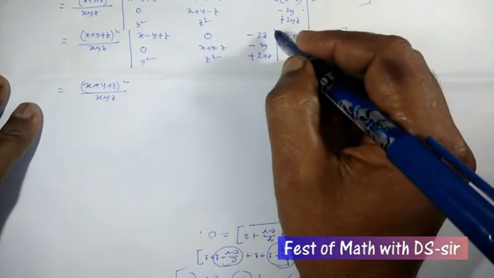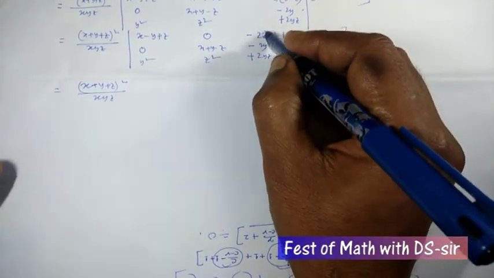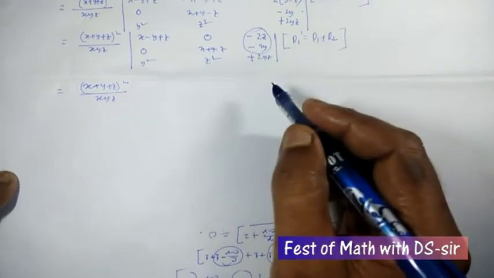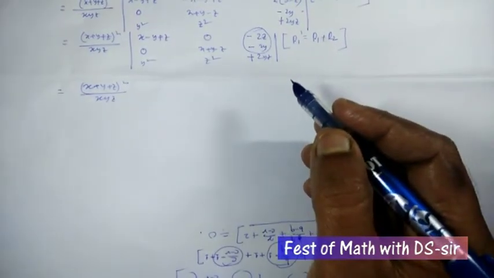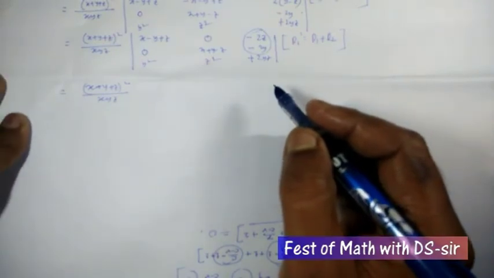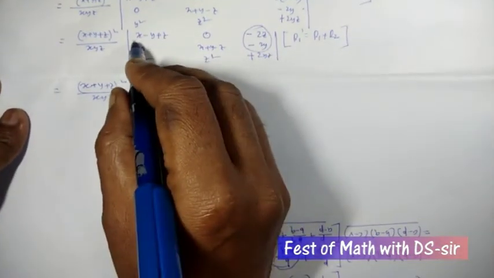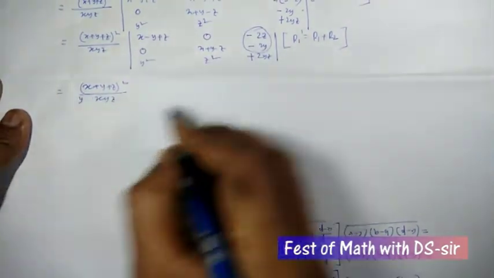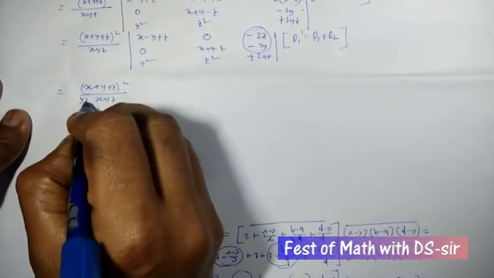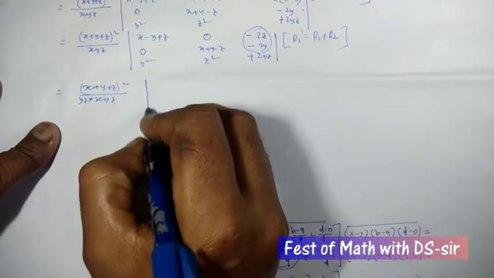Now I am willing to make these two 0. Then I can expand the determinant with respect to the third column. What will I do for that? I will multiply this row by y, and this row by z, yz.